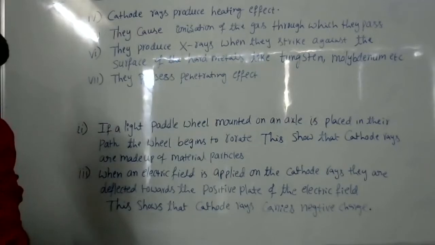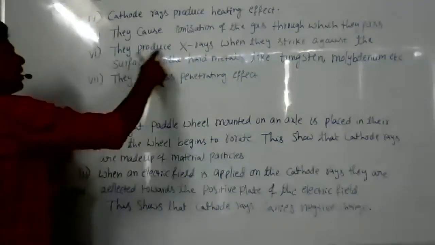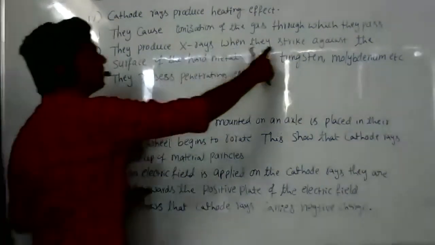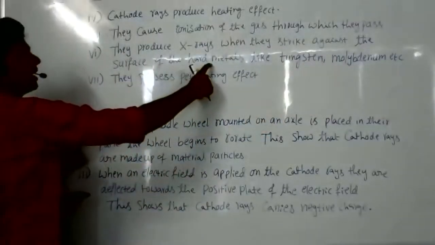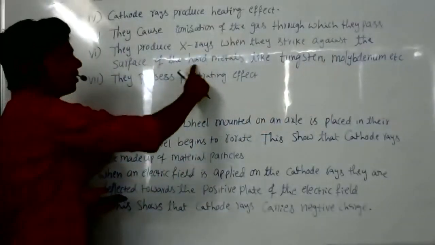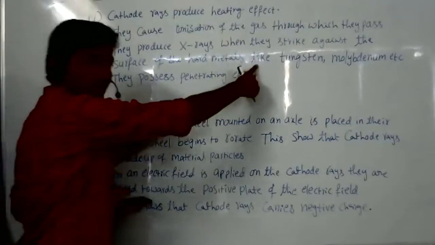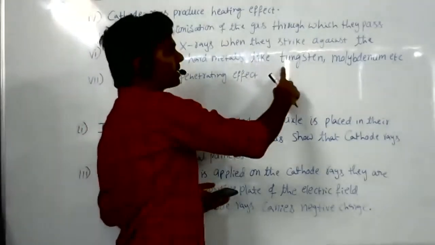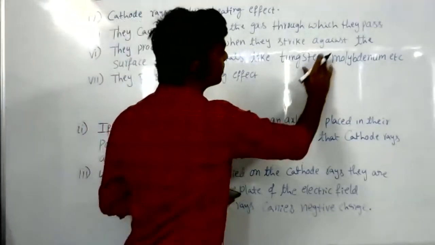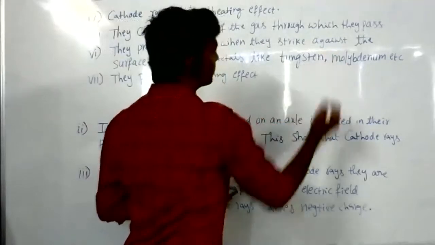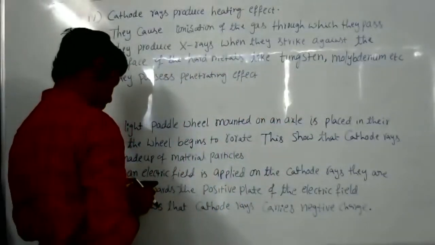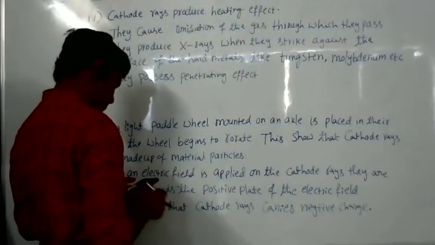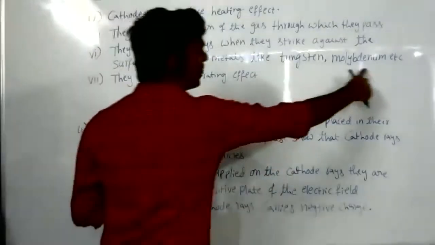Sir, what does the sixth point mean? They produce X-rays when they strike against the surface of hard metals like tungsten, and this is molybdenum.